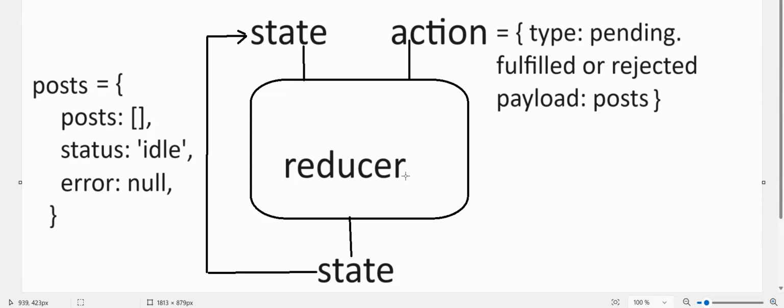But with Redux and with global state, like our posts now, all components that need that information about global state are connected, are subscribed.